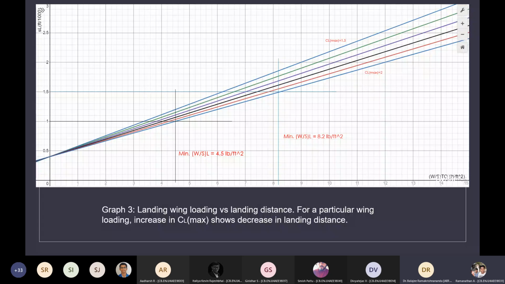I designed it such that if you are in high wing loading, then you can't reduce it back, no, sir.